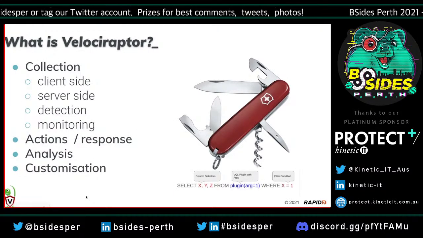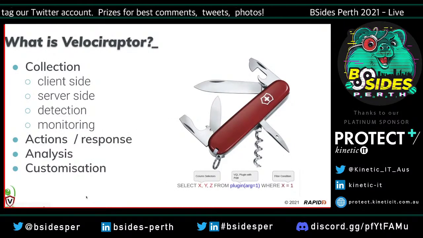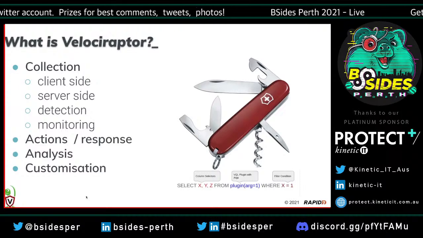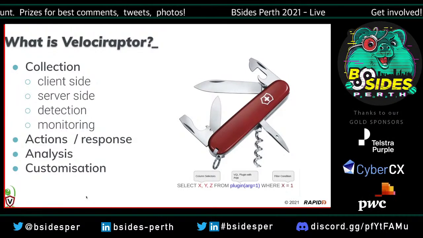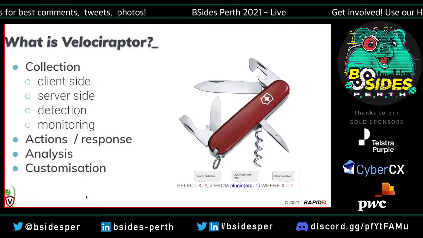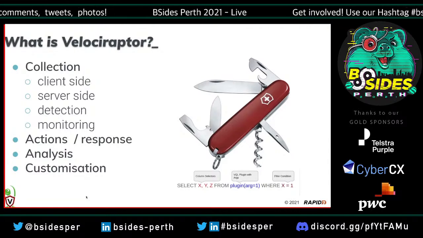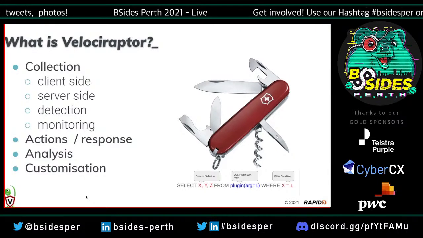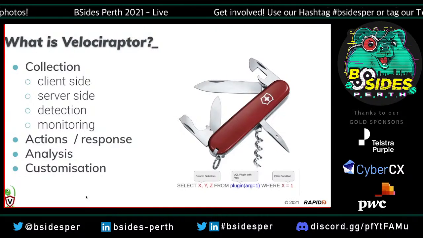So with that in mind, pretty much all of our use cases are driven from that VQL structure. You can read what's on the screen here, but what drew me to Velociraptor was the customization. It's essentially like a big Swiss Army knife.